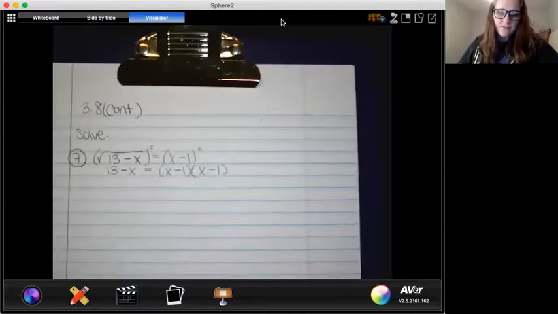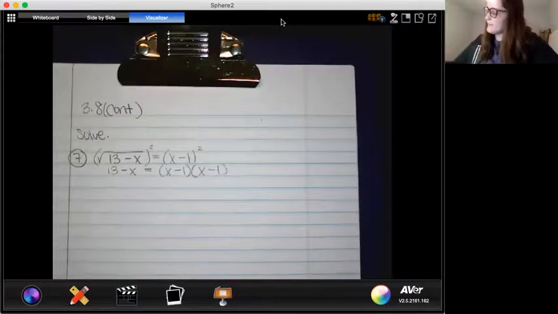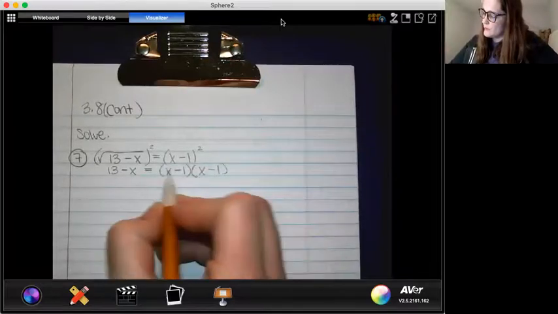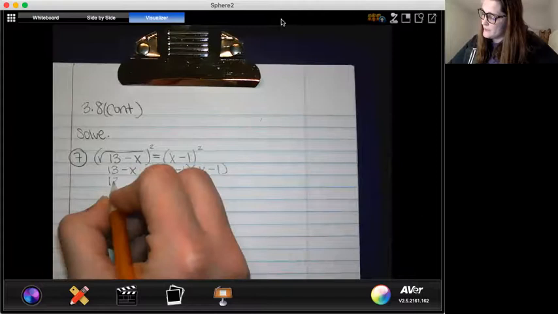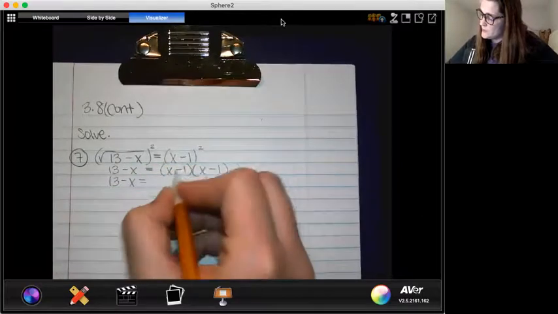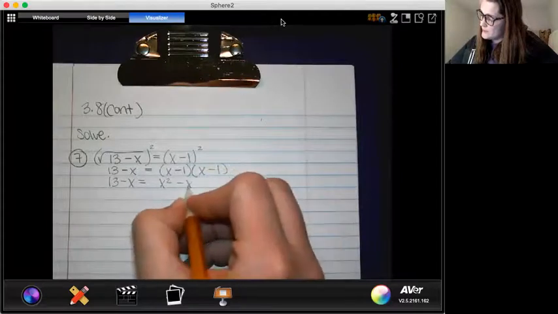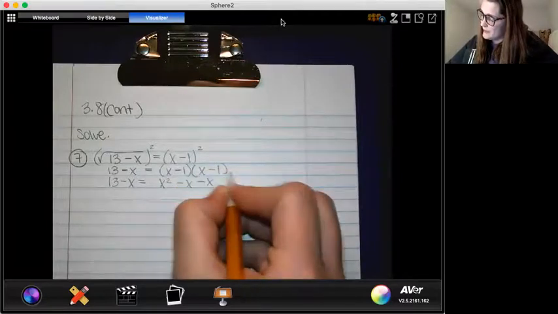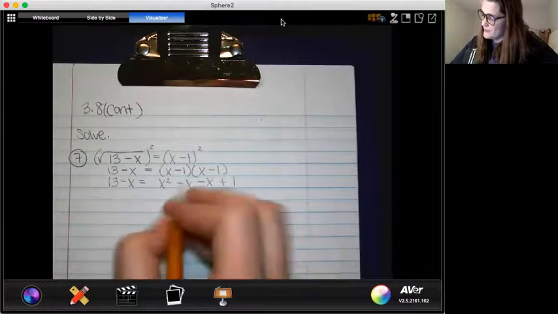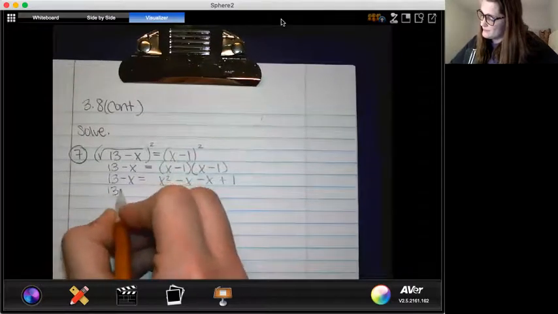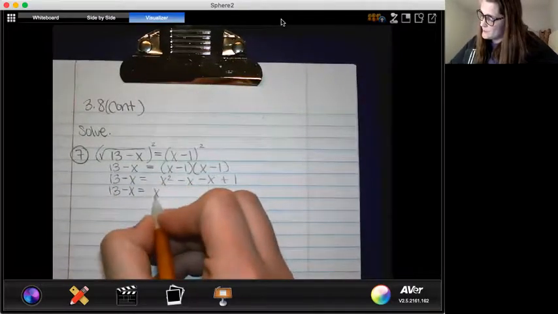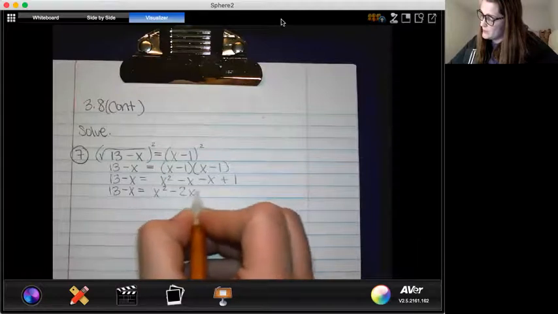Okay, so now we're going to FOIL on the right side. The left side just hangs out. So we have first term, outside term, inside term, and last term. Combine like terms. We get x squared minus 2x plus 1.